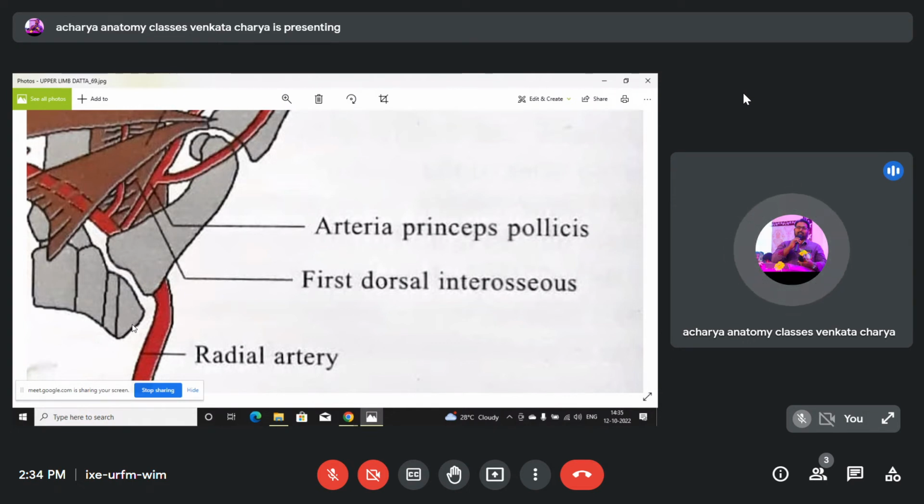Next, second proper distal artery supplies the medial side of the thumb finger.